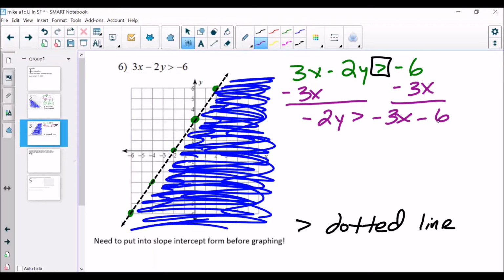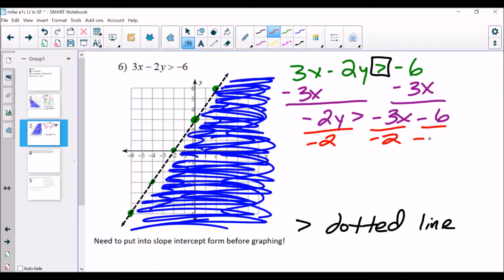Now I need to slow down here for a second because we're about to do something that we've talked about in the inequalities unit. You might say to yourself, well, I remember that, but looking at it right now, maybe it's not something that you remember.